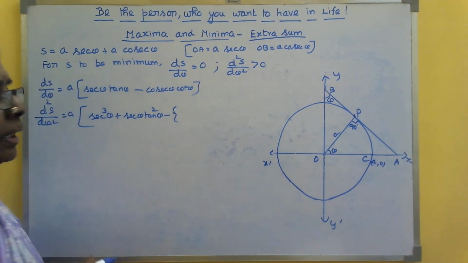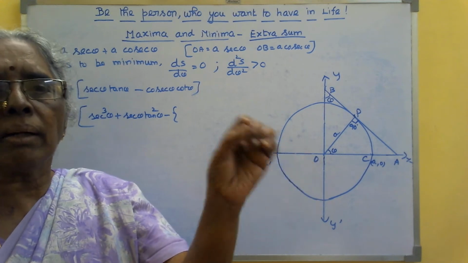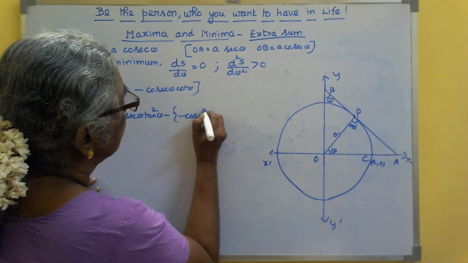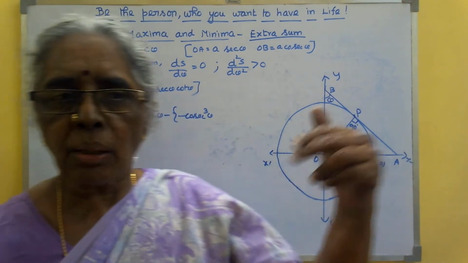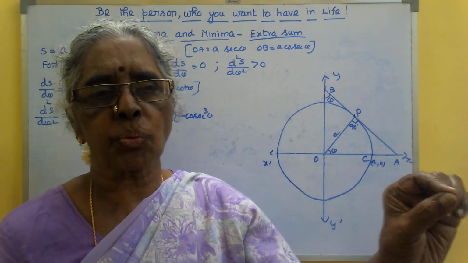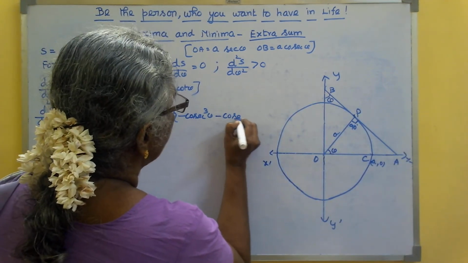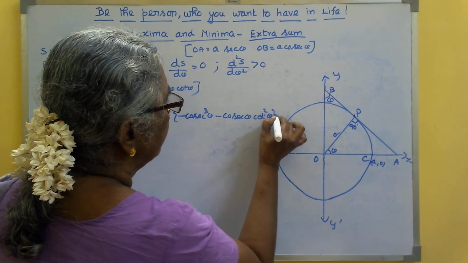Minus, I am starting the bracket, cosecant theta into, the derivative of cot theta is minus cosecant square theta, so I will get minus cosecant cube theta. Then cot theta into, for cosecant theta it is minus cosecant theta cot theta, so I will get minus cosecant theta cot squared theta.